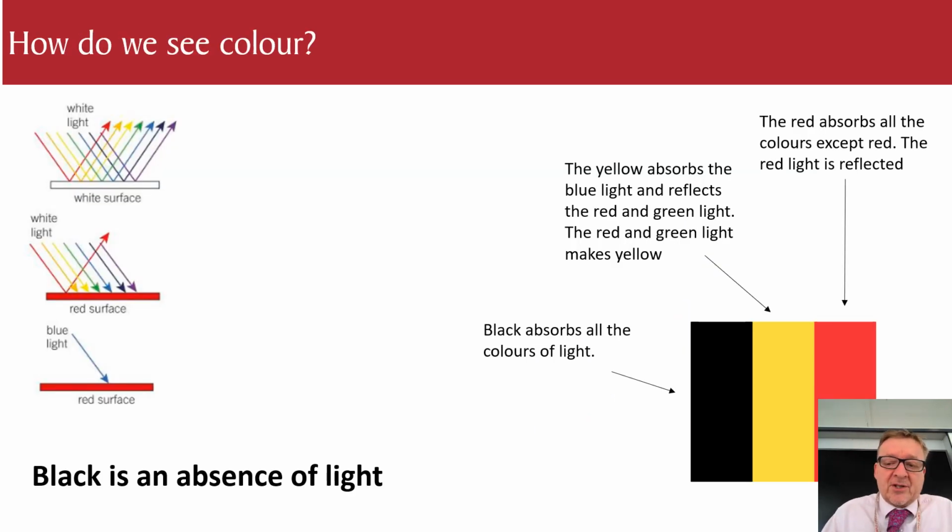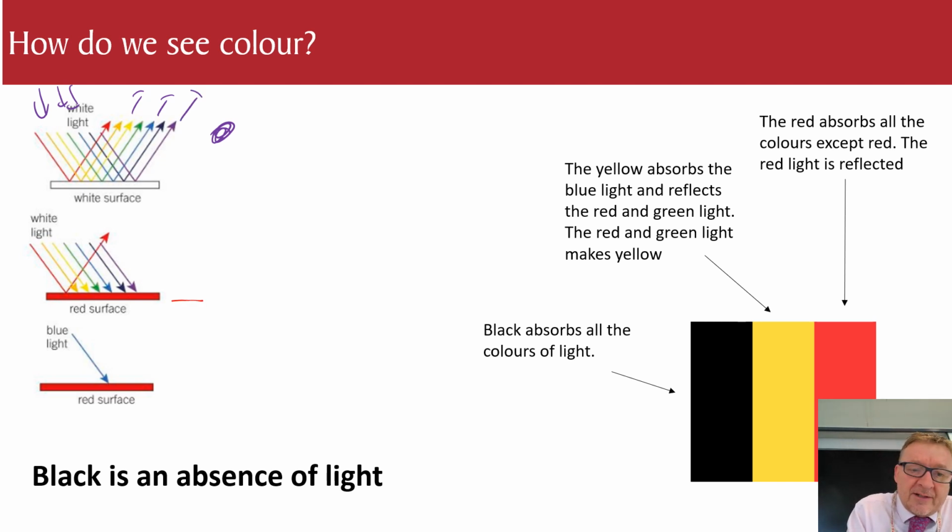Now, how do we actually see colour? In this first diagram, we've got white light shining in. If white light hits a white surface, everything gets reflected, and we see it as white, because all of the colours get reflected.